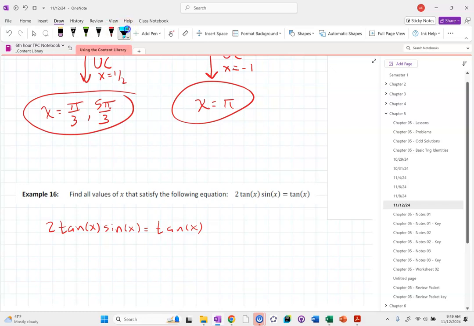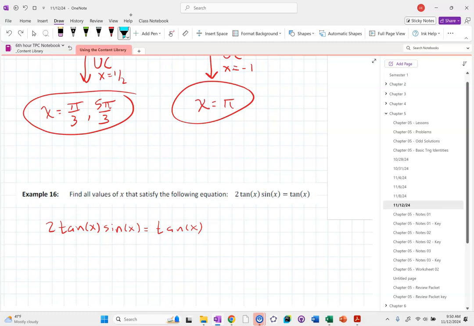Now, can I rewrite tangent so it's just sines? Do I have an identity that does that? I do not, right? Tangent is sine over cosine or secant over cosecant, but I don't have anything that's going to turn it into a sine. How about the other way around? Do I have anything that's going to turn sine into just a tangent? No way, Jose. So an identity's out.